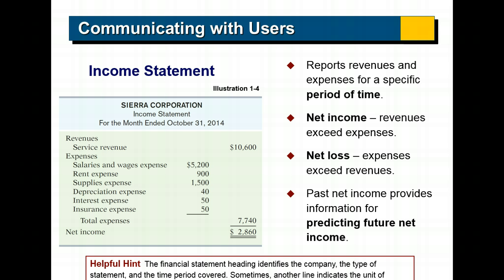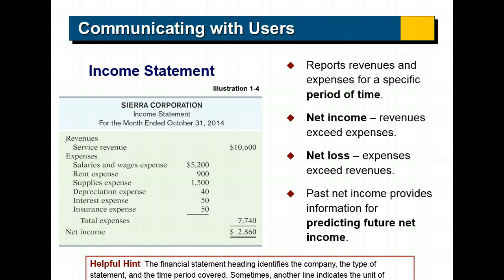Here is an income statement. This income statement shows over a period of time the revenues that came in from a company, the expenses that went out by a company, and the difference. The key here I want you to pick up is an income statement is over a period of time.